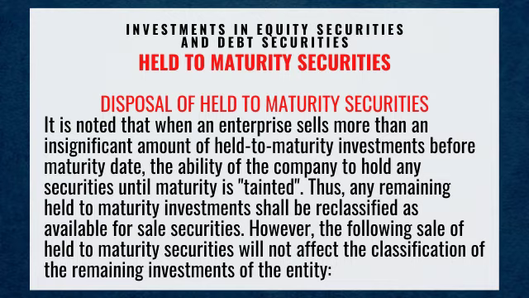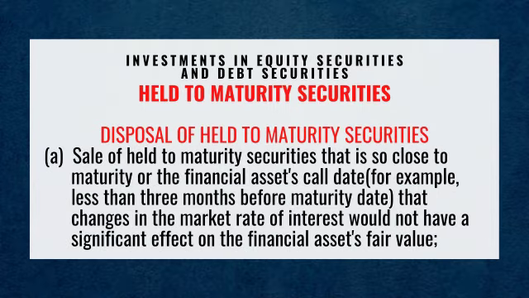However, the following sales of held-to-maturity securities will not affect the classification of the remaining investments of the entity. Letter A. Sale of held-to-maturity securities that is so close to maturity or the financial asset's call date, for example, less than 3 months before maturity date, that changes in the market rate of interest would not have a significant effect on the financial asset's fair value.